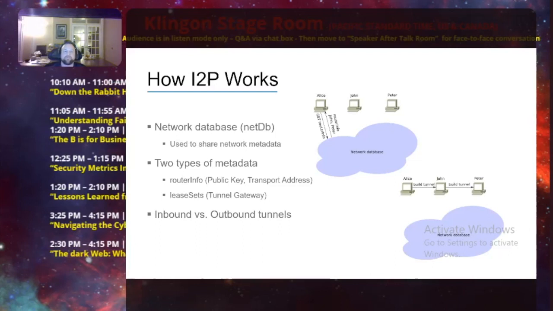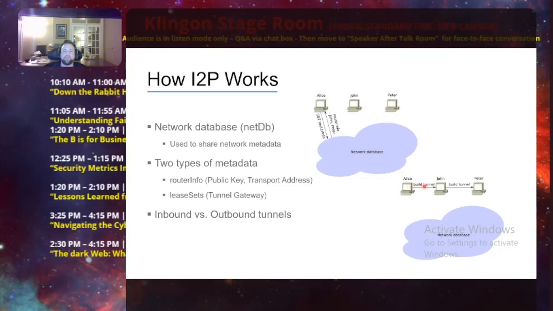So let me pull up my laser pointer. If you can visualize this, right? So first, Alice is going to reach out to that network database. You're going to pull back and build out a tunnel. So she's going to pull in information. Turns out that John and Peter have randomly been selected, so their public keys are going to be shared out with Alice.